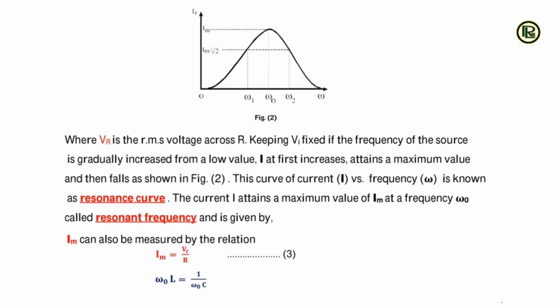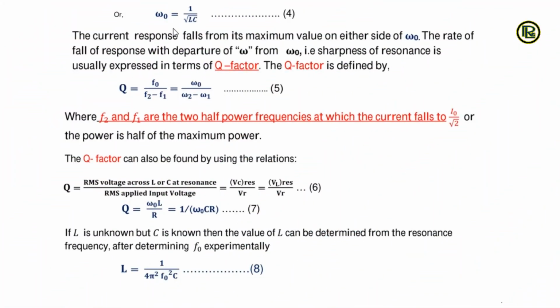At resonance, the reactance of the inductor becomes equal to the reactance of the capacitor. Thus, omega 0 L equals 1 by omega 0 C, and finally the entire impedance of the circuit becomes resistive. Therefore, we get the resonance and the current becomes maximum at resonance.